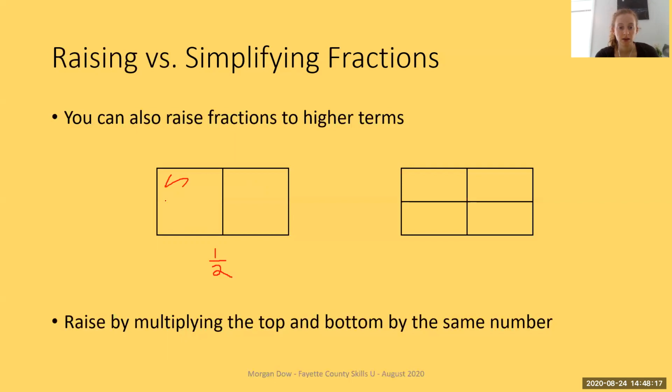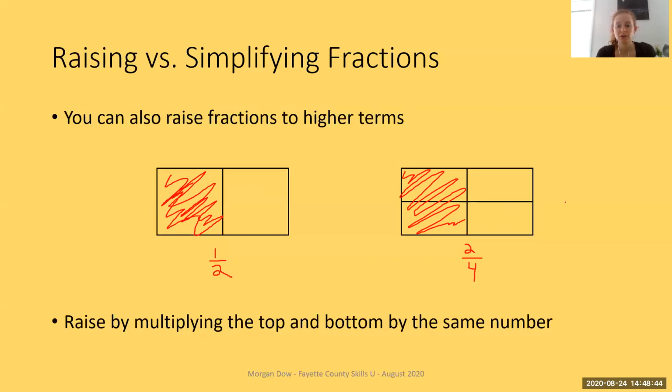Right, if I colored this part in, I'm not going to make you watch me slowly color it in again. 1/2, we can take that and we could transform it into 2/4 by just adding that extra slice down the middle. Right, so by taking out our pizza cutter and adding that black line through the middle.